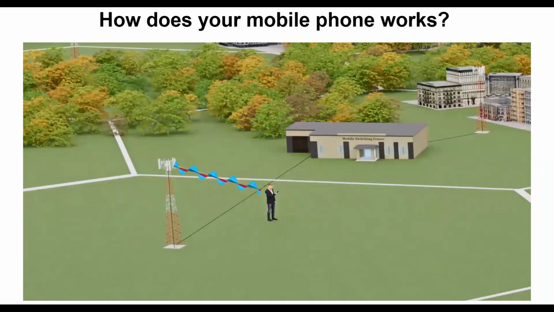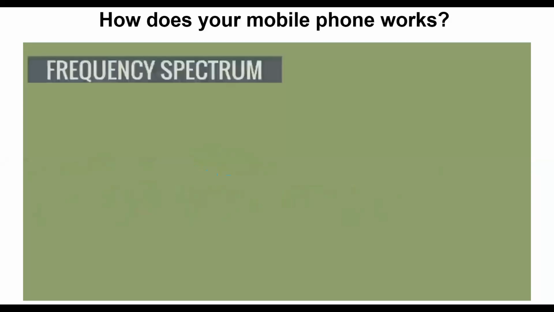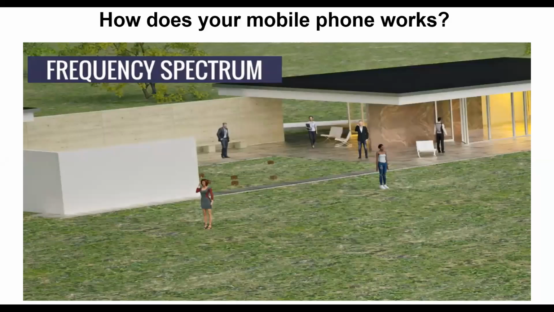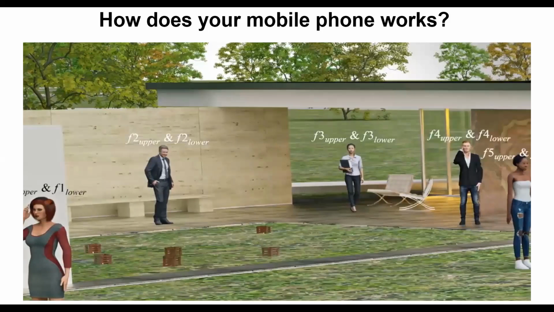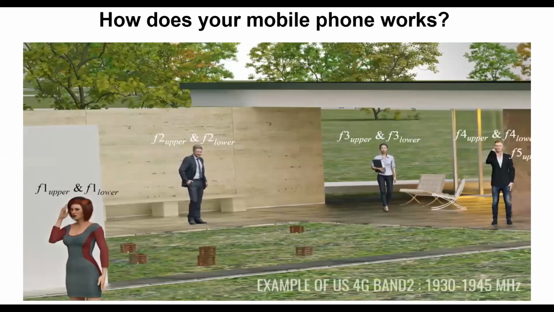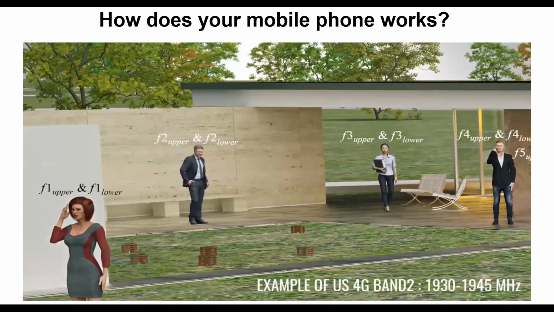Now let's discuss why the frequency spectrum is quite important in mobile phone communications. To transfer zeros and ones in digital communication, each subscriber is allocated a frequency range. However, the frequency spectrum available for cellular communications is quite limited, and there are billions of subscribers.